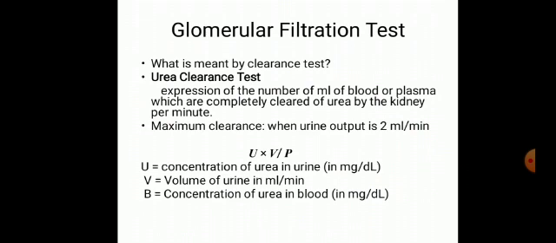Maximum clearance is reached when urine output is 2 ml per minute, and the equation is U multiplied by V, divided by P, where U reflects the concentration of urea in urine in milligram per deciliter, V represents the volume of urine in ml per minute, and P represents the concentration of urea in plasma in milligram per deciliter.